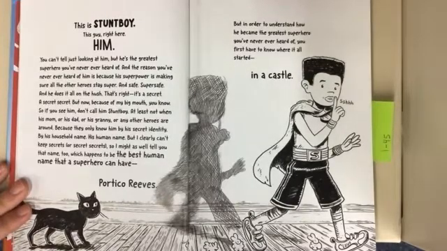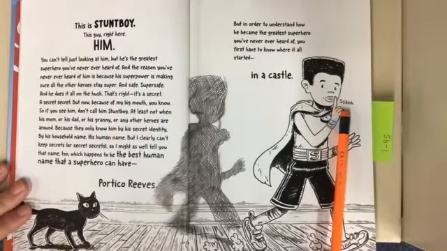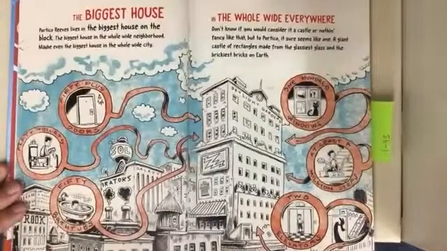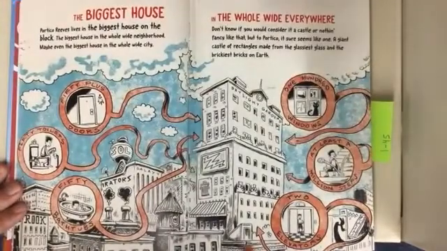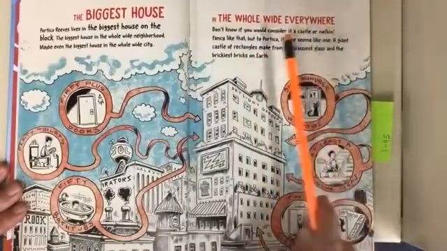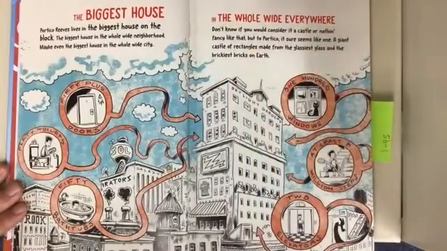In a castle. Shh. The biggest house. Portico Reeves lives in the biggest house on the block. The biggest house in the whole wide neighborhood. Maybe even the biggest house in the whole wide city. In the whole wide everywhere. Don't know if you could consider it a castle or nothing fancy like that, but to Portico, it sure seems like one.